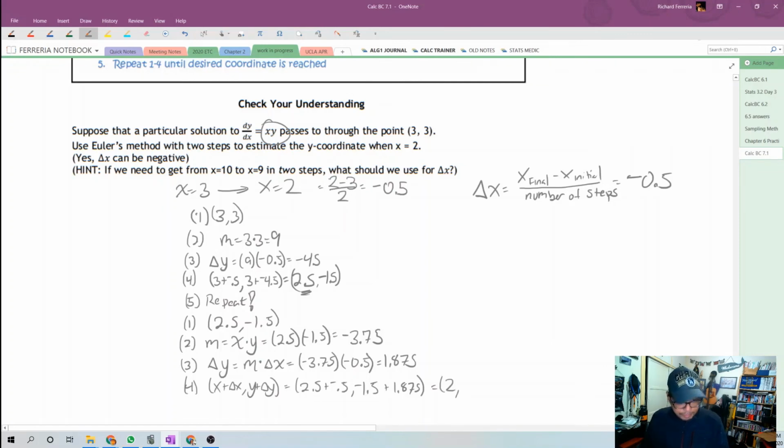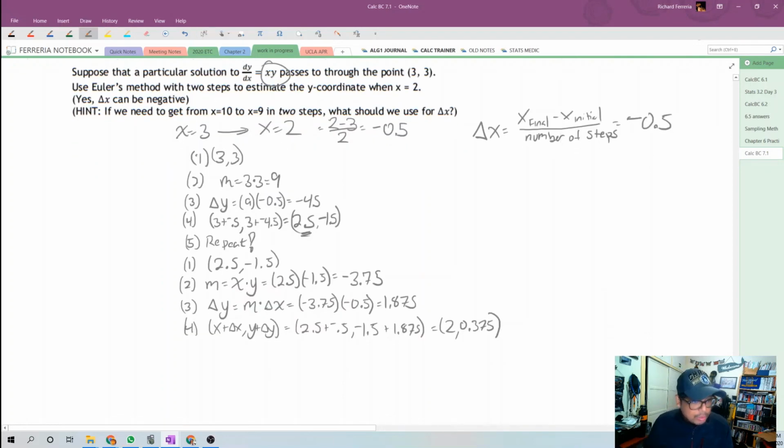And let's calculate this. 1.875 plus negative 1.5 is 0.375. That's it. We have arrived at the end of the problem. When x equals 2, y is approximately 0.375.